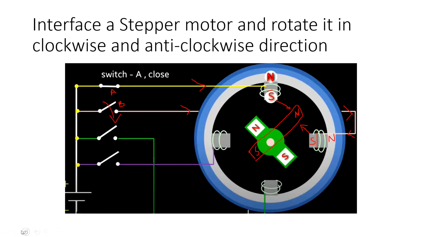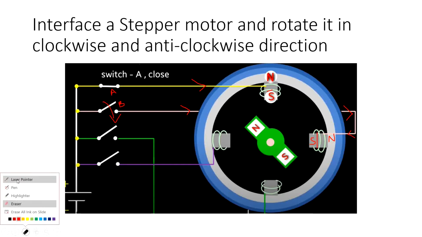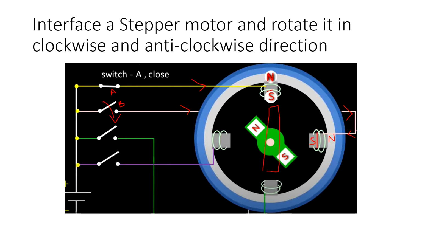Now the question is, why is it called a stepper motor? As I told you, whenever you give a supply, the rotor will be moving. For example, if you energize A, the rotor will be in this direction. If you energize B, the rotor will be in this direction. So that means it is moving. What is the angle between the two magnets?